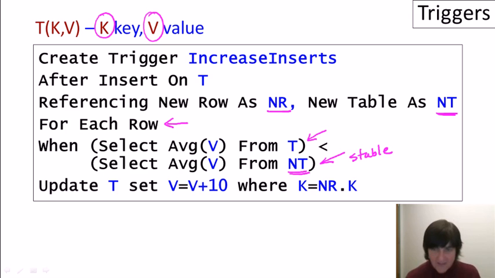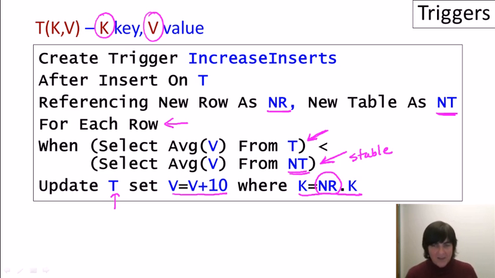NT is always set to the set of inserted tuples. So we check whether T's average is less than the NT average, and if it is, then we're going to modify the tuple that was inserted. We're going to update T, and set the value to be V plus 10 for the tuple that we're currently processing, in other words, the tuple whose key is in new row.